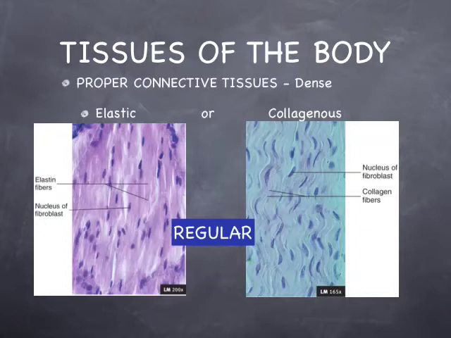Tight, tough connection. Collagen is used throughout the muscular system. You need strength. The muscles are strong. When they pull, you don't want to pull on something that's going to stretch, and then the bone wouldn't move, right? You want something that's tough. And so all of the cord-like structures in the muscular system are going to be dense, regular, collagenous.